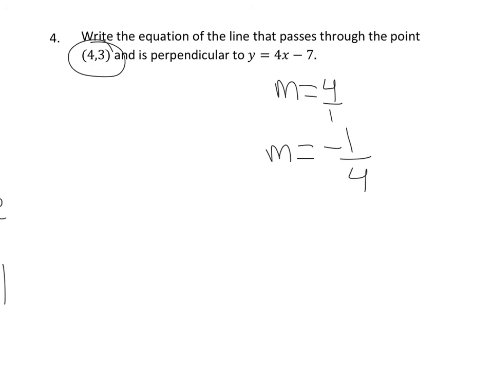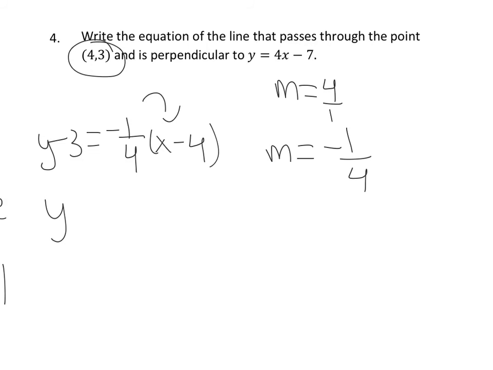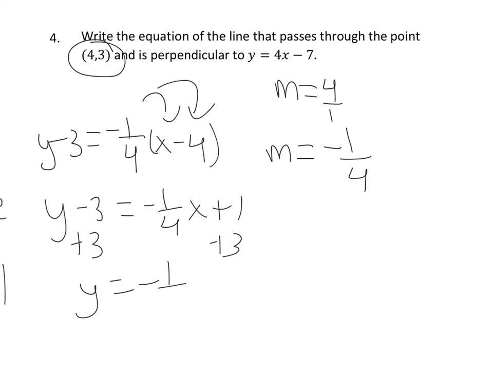So now you have y minus 3 equals negative 1/4 times x minus 4. Distribute. y minus 3 equals negative 1/4 x plus 1. Add the 3. Get y equals negative 1/4 x plus 4.